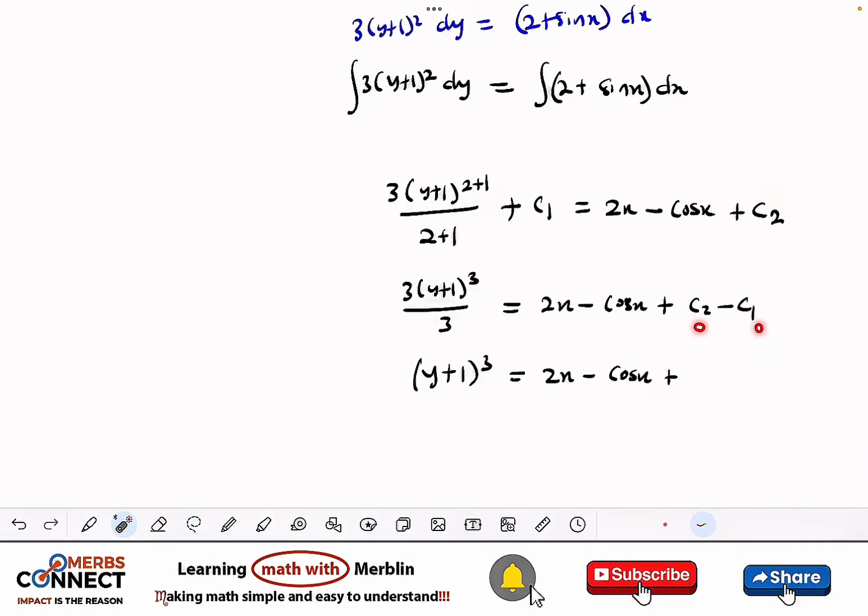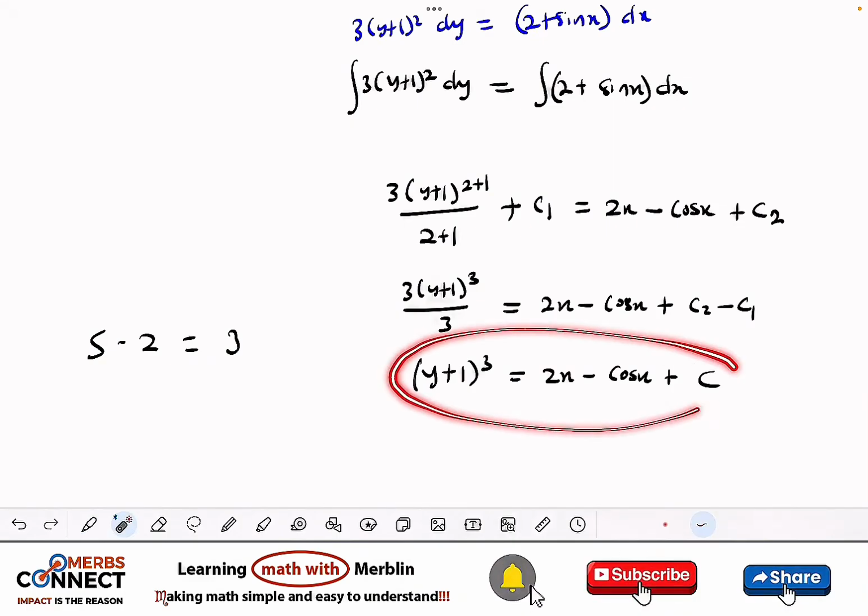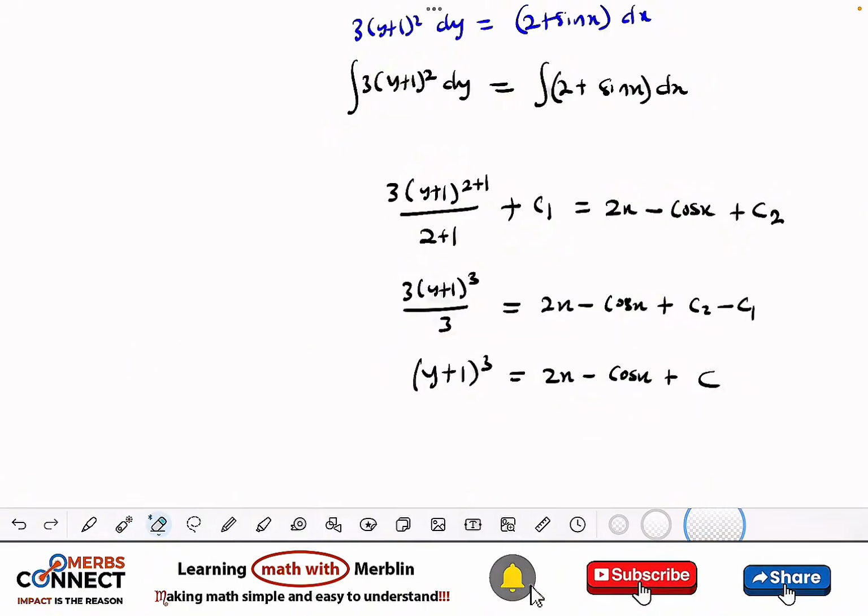A constant minus a constant is a constant. For example, 5 minus 2 is 3. 5 is a constant, 2 is a constant, and the answer that we are getting is a constant. So we can say that this is equal to c. So c2 minus c1 will give us a constant. So this is the general solution.